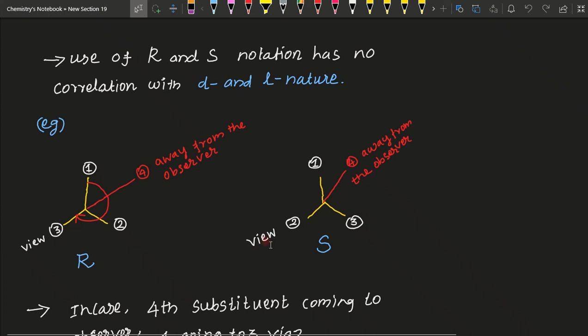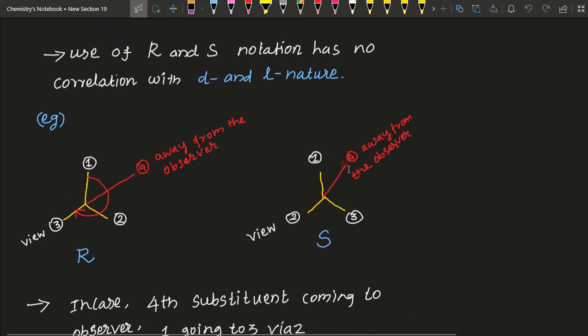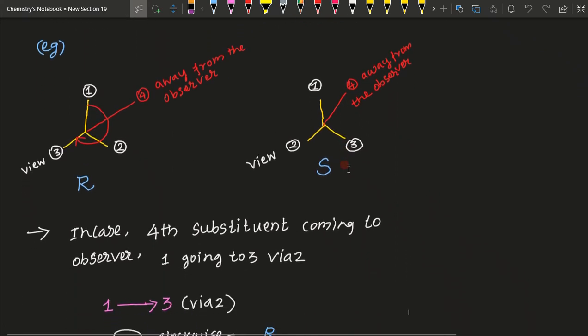The observer view at a second, it is going to away from the observer, it is going to fourth substituent.